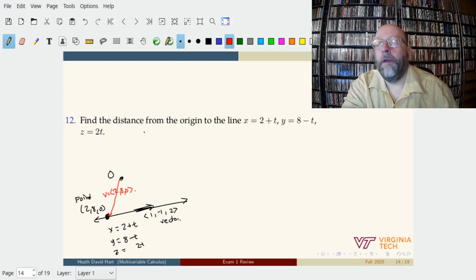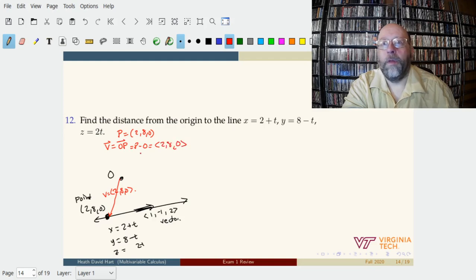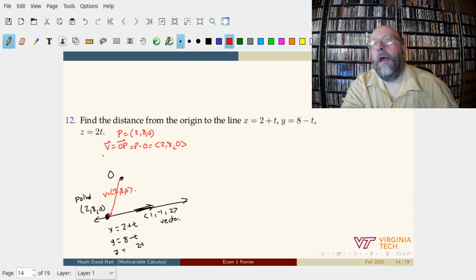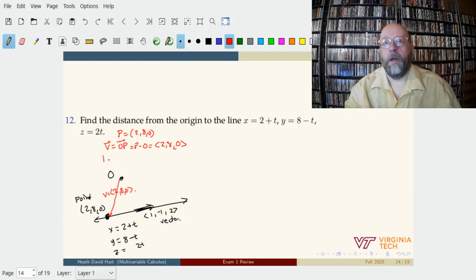So if we let P be the point 2, 8, 0, then vector V, which is O to P, which is P minus O, is the vector 2, 8, 0. And then the magnitude of V will be the square root of 4 plus 64 plus 0, which is the square root of 68.